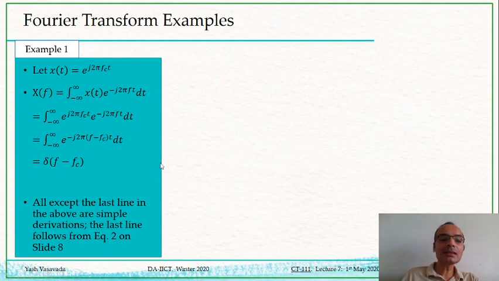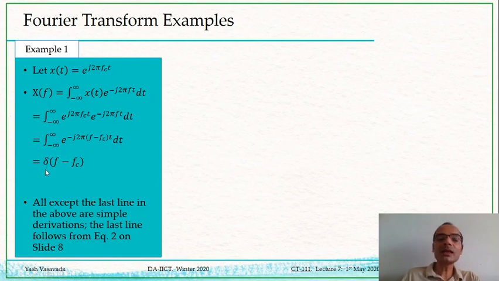So what this exercise has told us is that when I do this analysis, remember Fourier transformation, this particular equation, we have called it an analysis operation. When x of t is just a single complex exponential rotating at fc hertz, the analysis is going to tell me that my signal has only one frequency present, and that is evident from this answer.